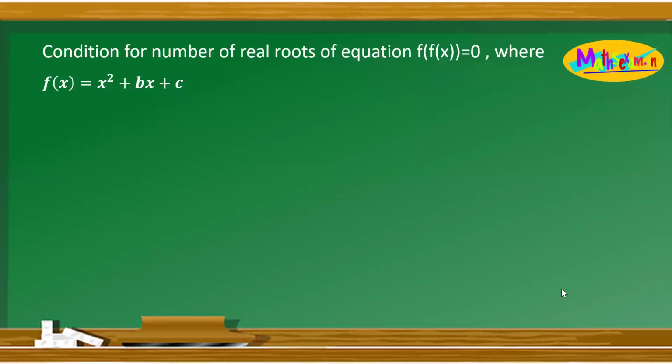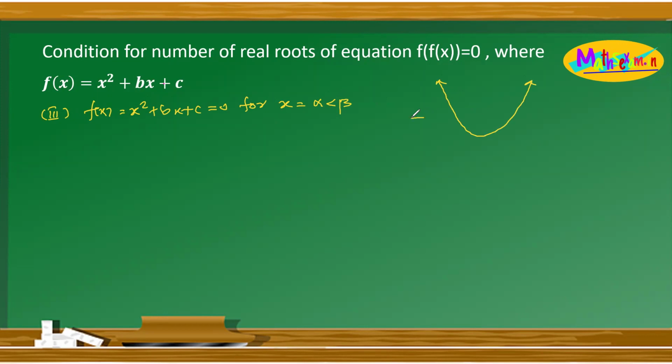So now let us look into the third possibility. Once f(x) has 2 roots which are real and distinct, that means f(x), which is equal to x square plus bx plus c, is equal to 0 for x is equal to alpha, which is less than beta. That means this time our f(x) has this behavior.